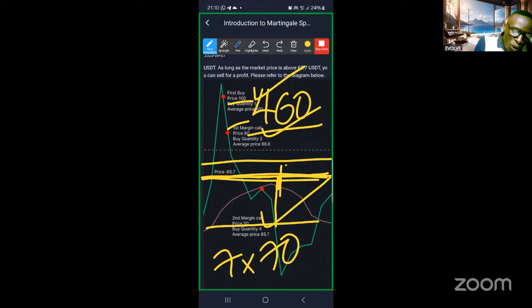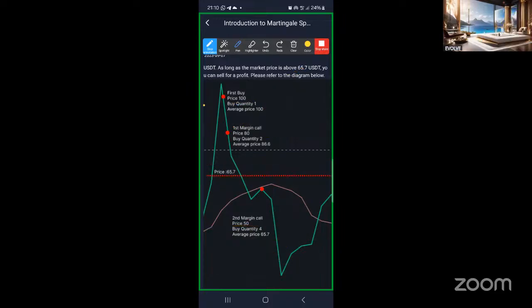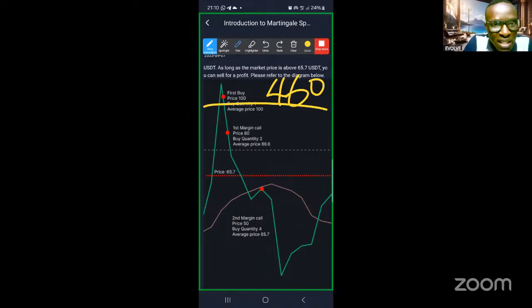And someone who is greedy, who put in $460 here, while you have sold each of your coins at $70, has to sell each of his coins at 100 dollars and above for him to get out of the market. If he sells his 4 coins at $70 like you, he will be in a loss. So this person can see you posting results.